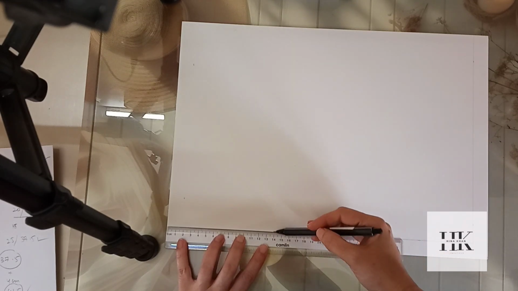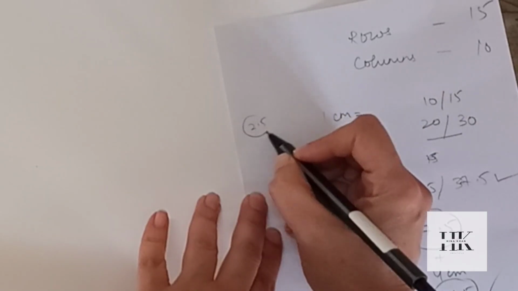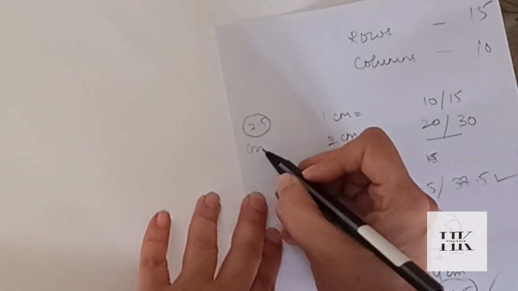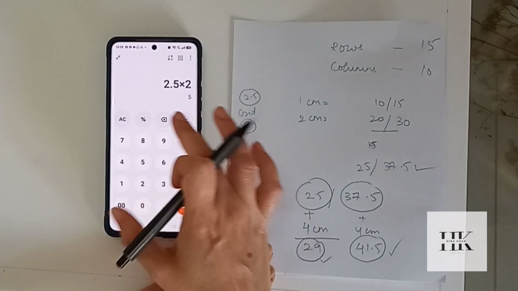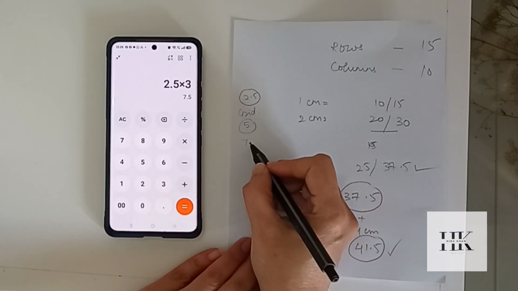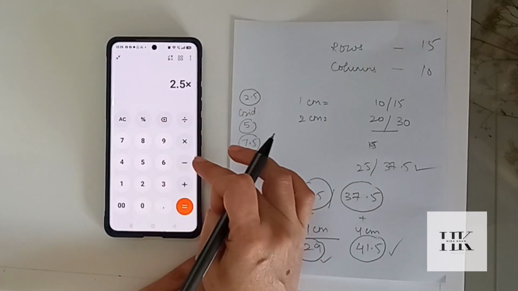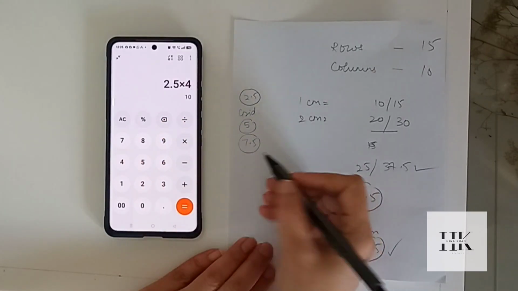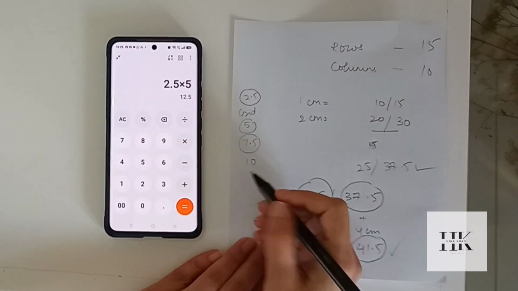Once you have marked the 2 centimeter border on two sides, I'll tell you a very quick and easy hack for our calculations. Since we are planning to keep the square as 2.5 centimeter, I'm quickly calculating the multiples of 2.5 centimeter so that when I'm doing my marking, it makes my life easy. So if you see, I'm making a kind of table of 2.5 centimeters so that when I'm doing my marking, I just have to see the number like 5, 7.5, 10, then 12.5.